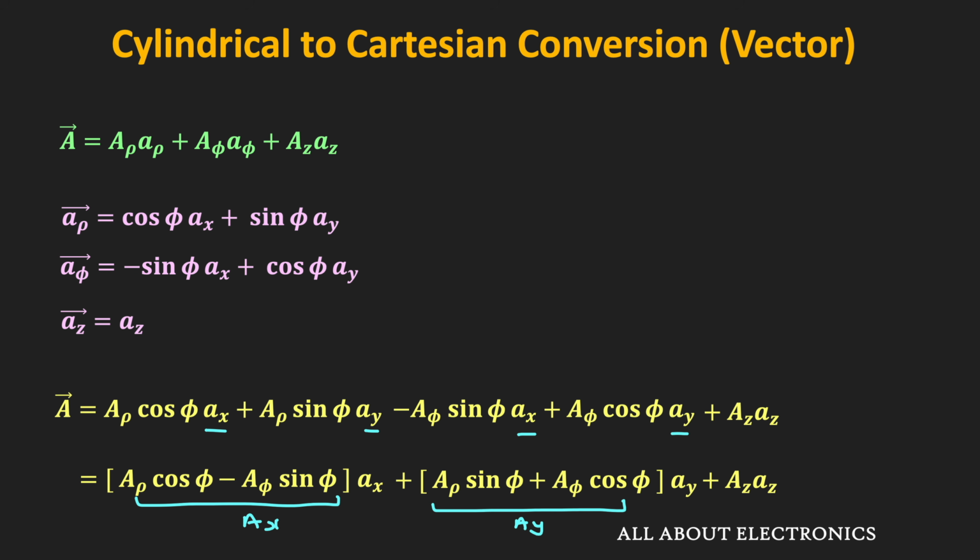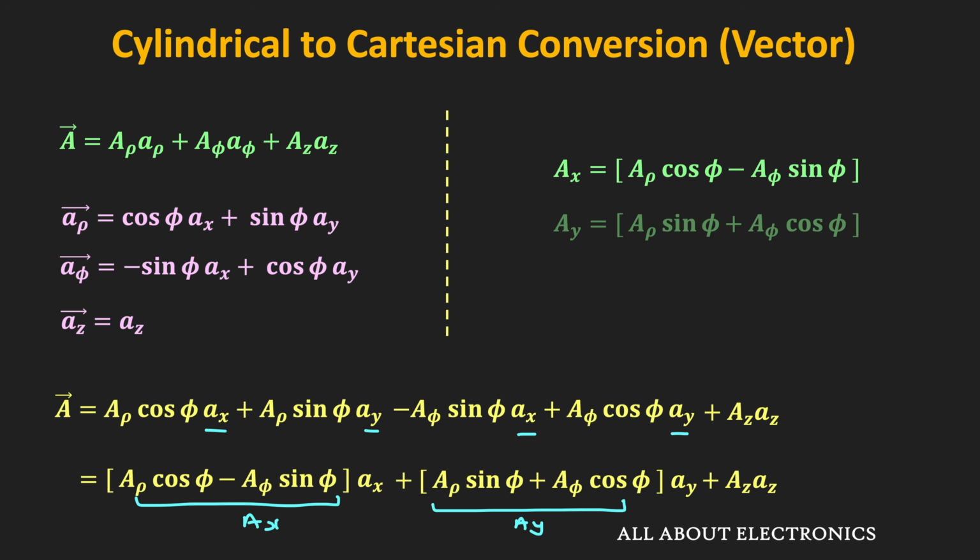So from this we can say that ax is equal to a rho times cos phi minus a phi times sin phi. Likewise, ay is equal to a rho times sin phi plus a phi times cos phi, and this third term az will remain as it is.